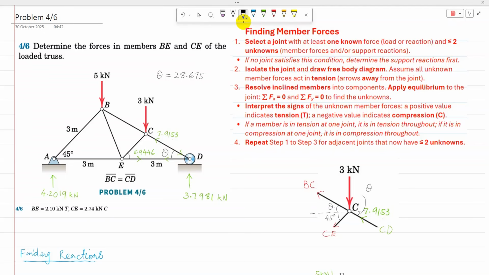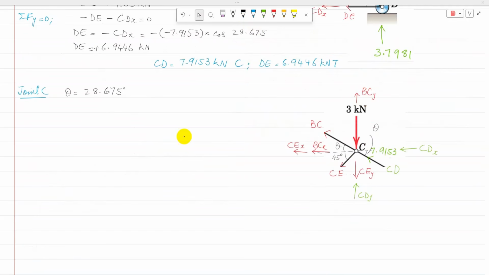So the next step is we need to resolve these inclined members into their components and then apply the conditions of equilibrium. Now joint C has BC, CE and CD as inclined members. CD is resolved into its component CDX, which is towards the left, and CDY, which is upwards. BC has one component going upward, BCY, and another component BCX going towards the left.